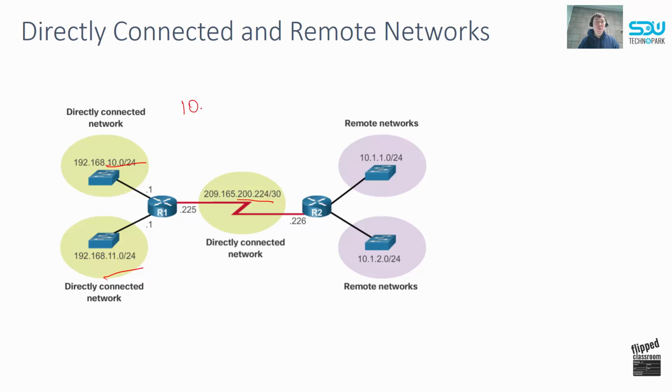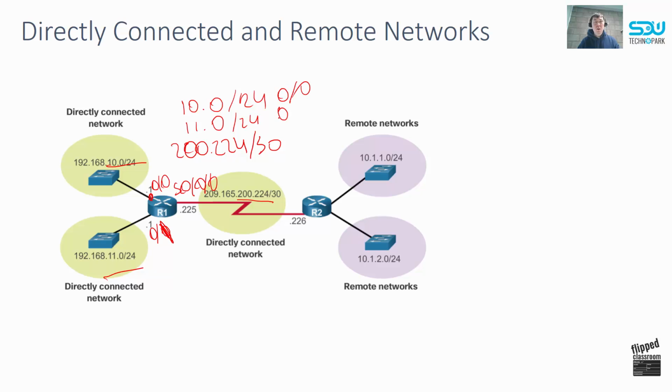The routing table of this router will have information about network 10, network 11, and network 200.24 with prefixes /30, /24, and /24. Additionally, we'll have information about the ports connecting these networks, for example S0/0, FA0/0, FA0/1, and serial 0/0.